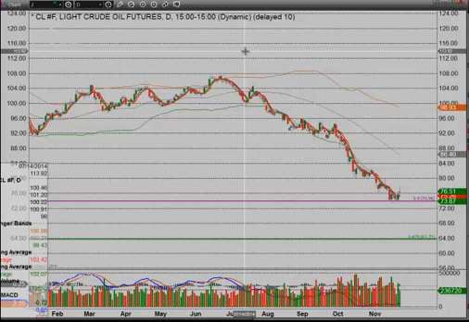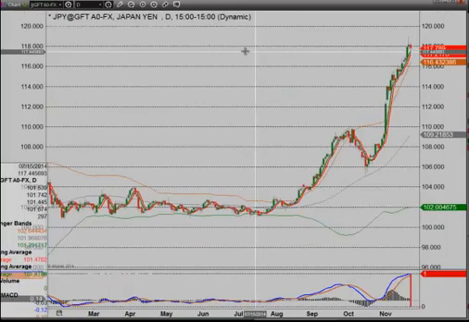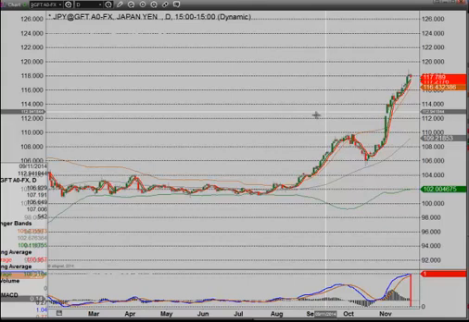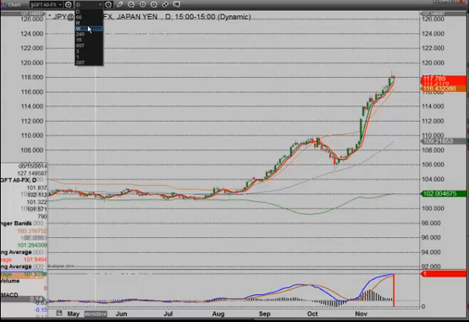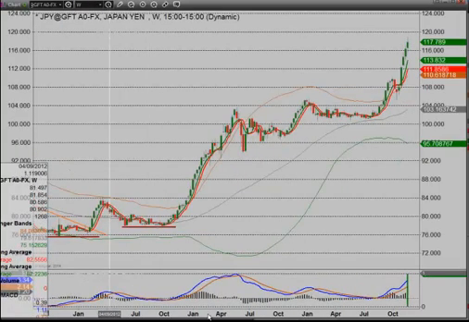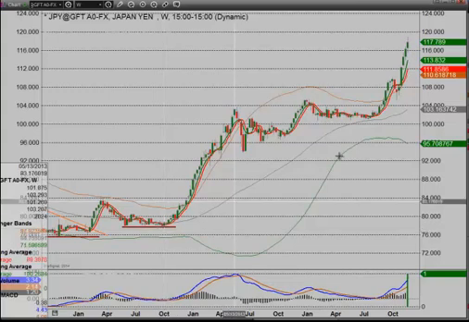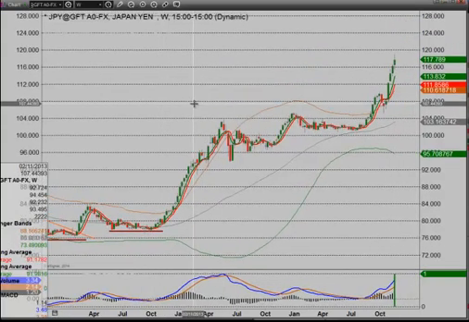Last market to cover, dollar yen. And dollar yen, really, it's crazy, right? It's a market where we've been pointing out that this has been a leading indicator market the whole way up the last couple of years. Look at going back all the way down to where it bottomed at 80. Now it's at 117.